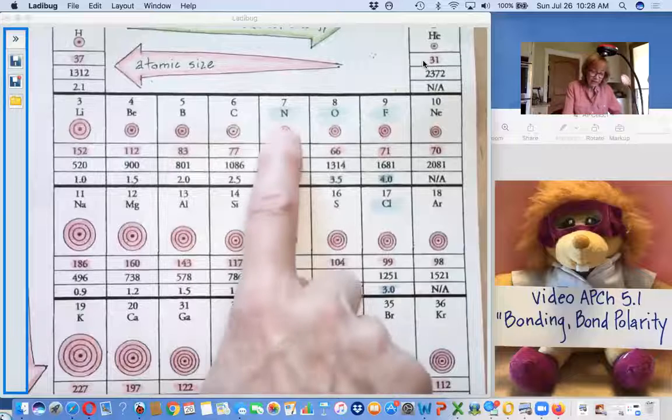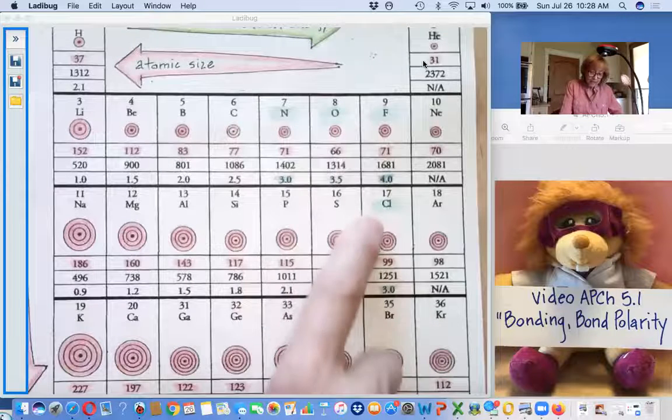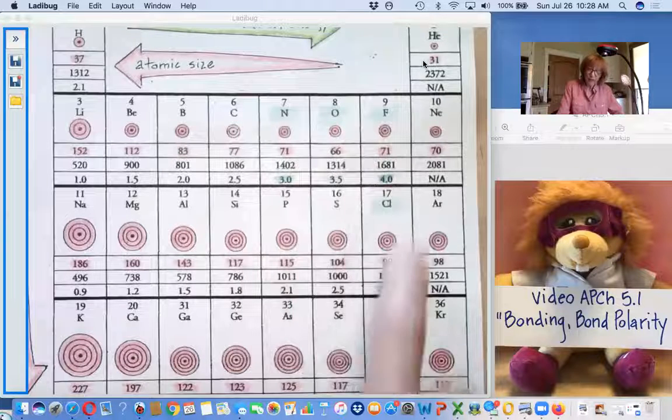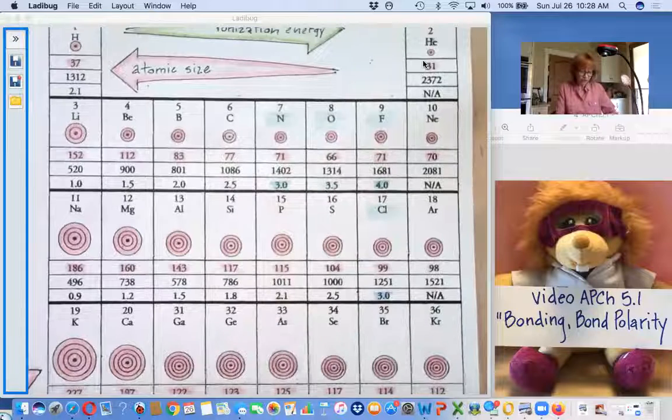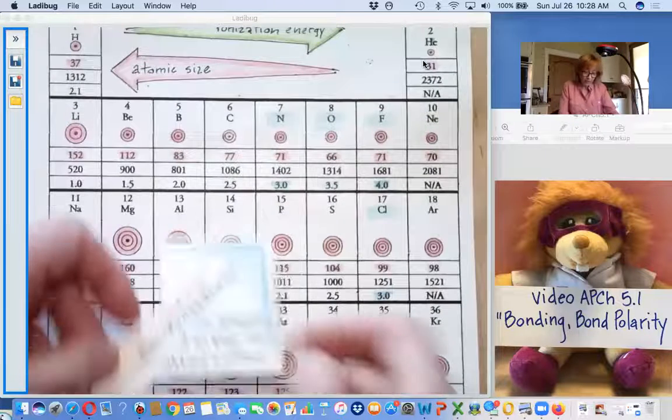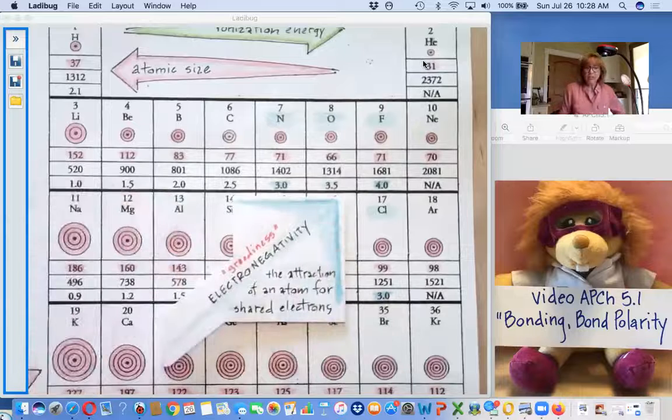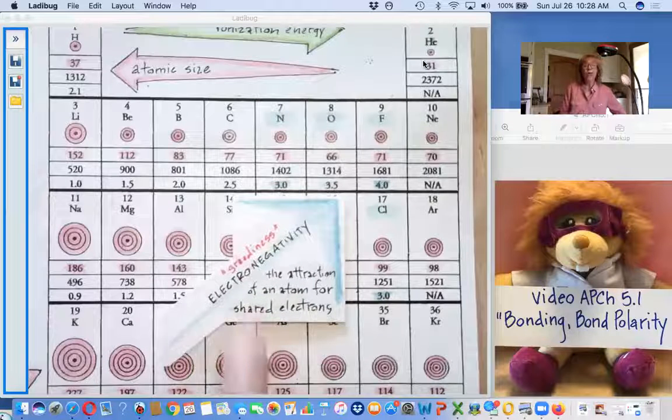I have highlighted in blue the electronegativities of these four atoms, and I'd like you to do the same. Remember, electronegativity, you can kind of think of it as greediness. It's the attraction of an atom for shared electrons, for electrons of the neighbor.